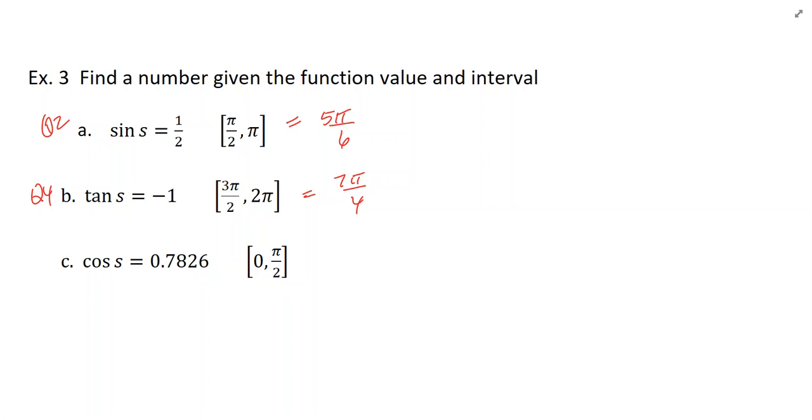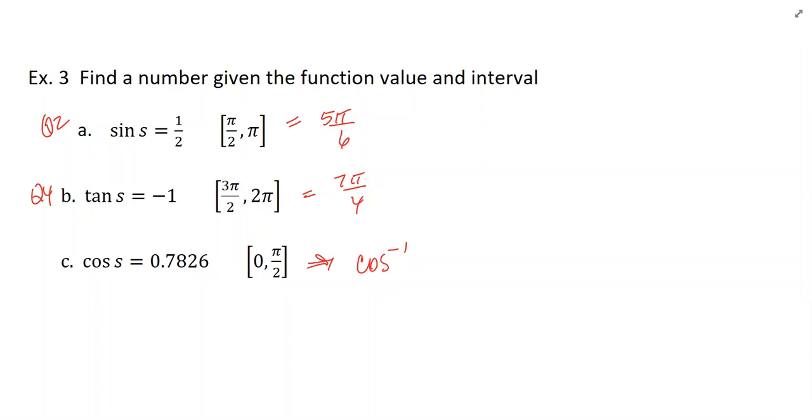Now for our calculator, this is where we actually are going to use the inverse function. If you look at your calculator, you'll see above the cosine button something that looks like cosine to the -1, which is the mathematical notation for the inverse.